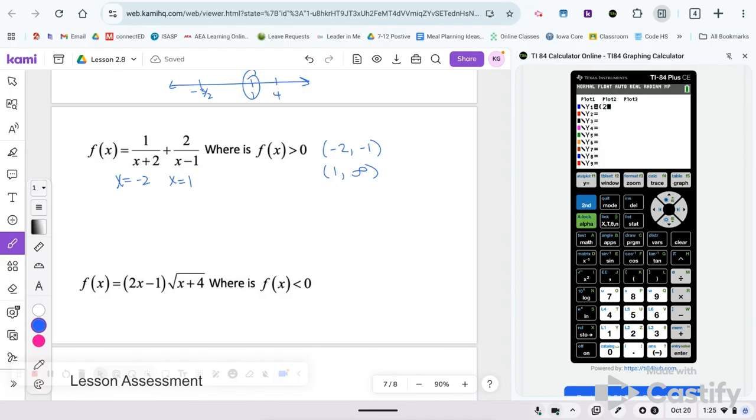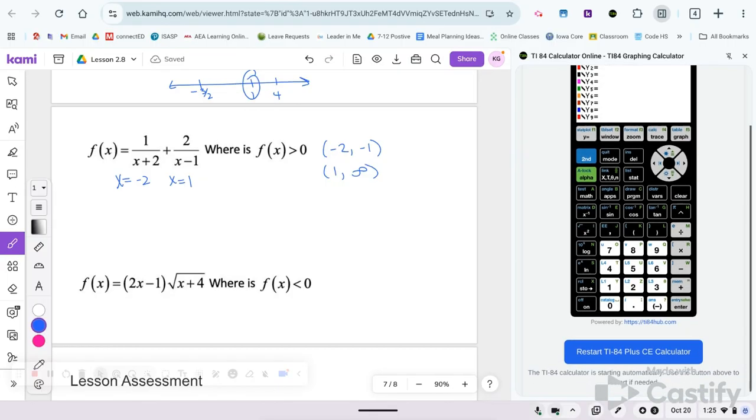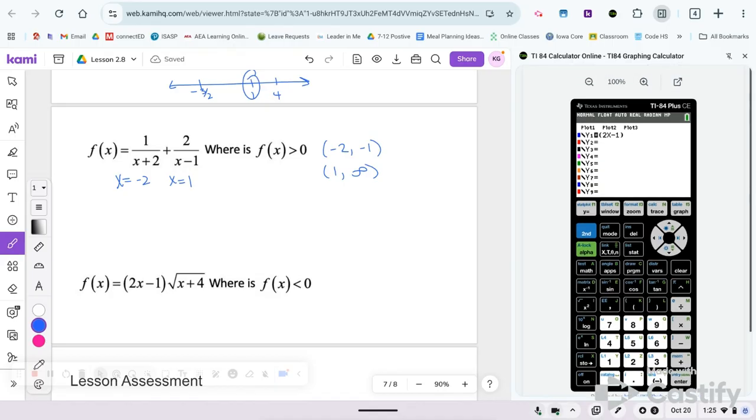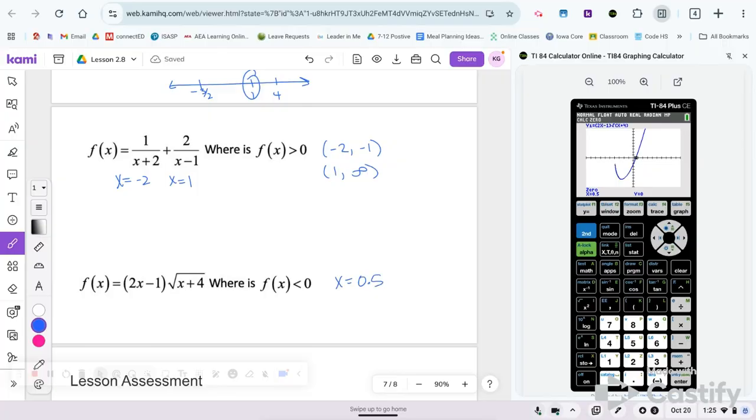The last one here, we have 2x minus 1 times the square root of x plus 4. And we're looking at where is it less than 0. We've got a value there at half.